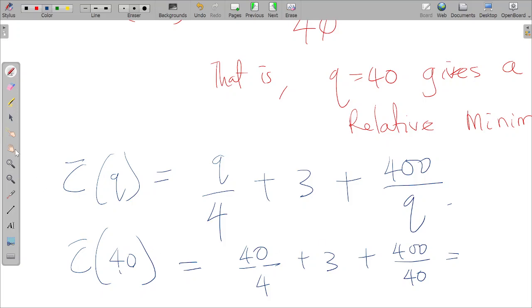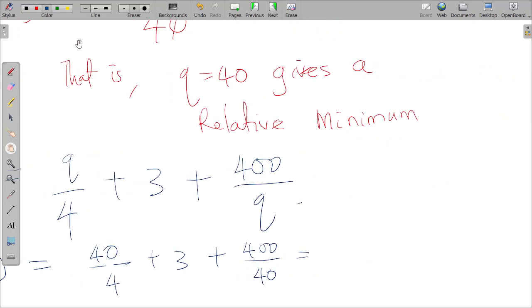Do the calculation, and you should be getting 23. So that is the minimum value, the minimum cost.